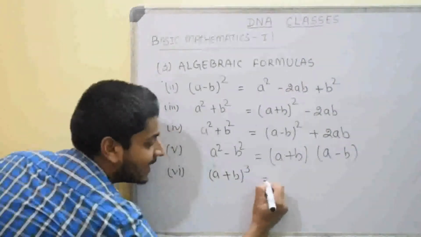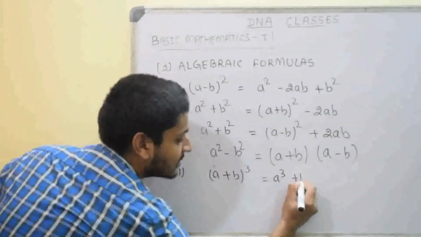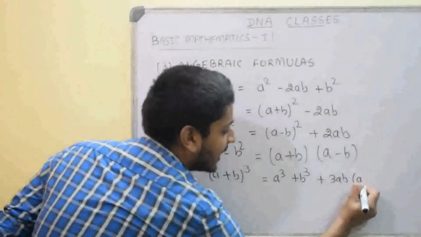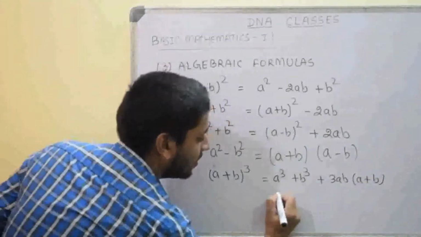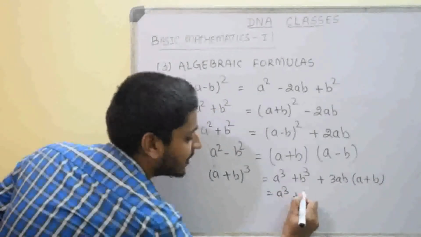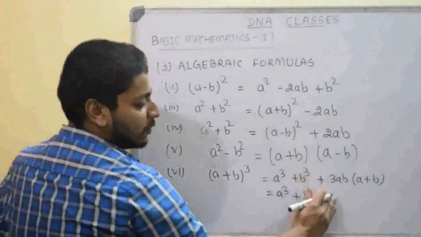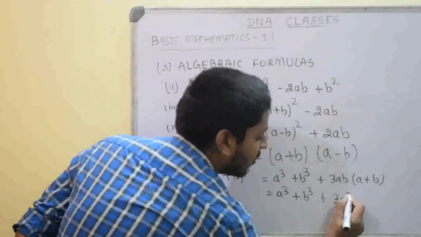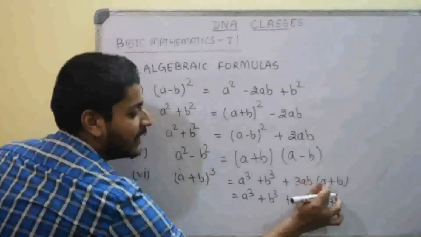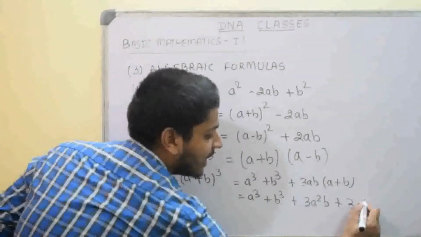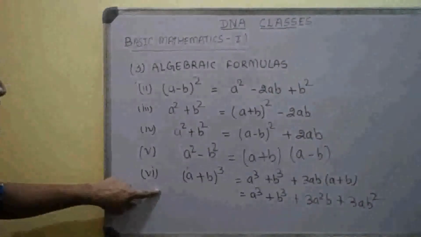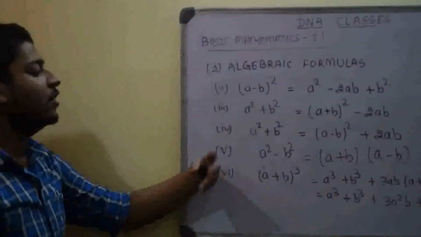We can write it as a cube plus b cube plus 3ab into a plus b, or you can just expand it like 3ab into a is 3a square b plus 3ab into b is 3ab square. So now we will see a minus b whole cube.